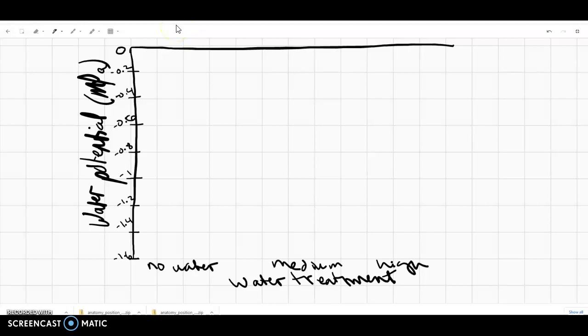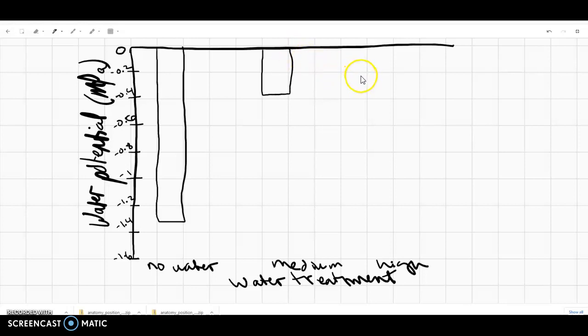Okay, so let's go ahead and draw our 3 bars first. The control mean was negative 1.3, so we'll draw up to 1.3 there, and then our mean for the medium was negative 0.37, so almost 0.4, and then our mean for high was negative 0.02, so barely negative.